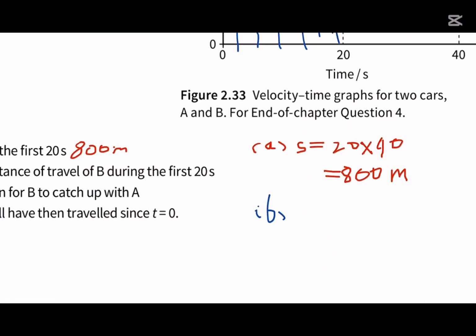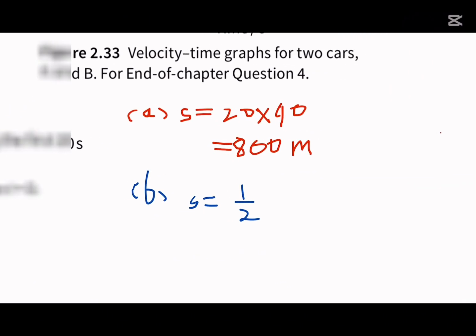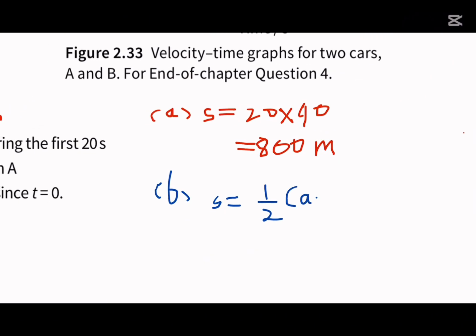So this is just a trapezium, right? I'll use the formula for the area, S equals 1/2 (a plus b) multiplied by h. I'm sorry for the loud background noise, guys.